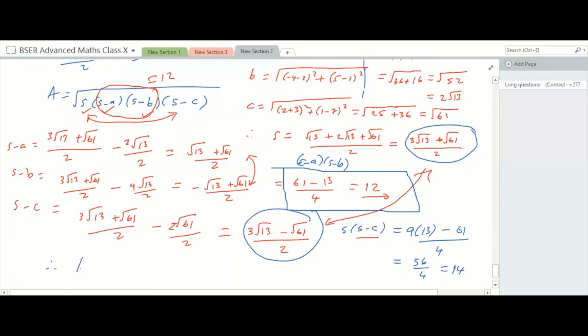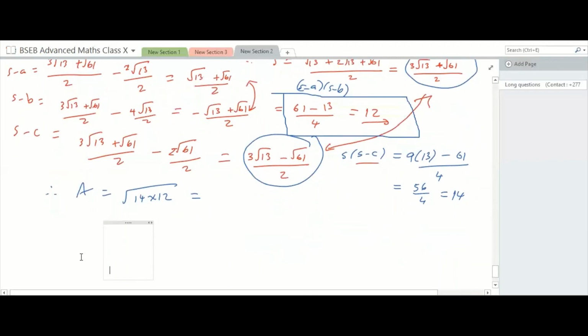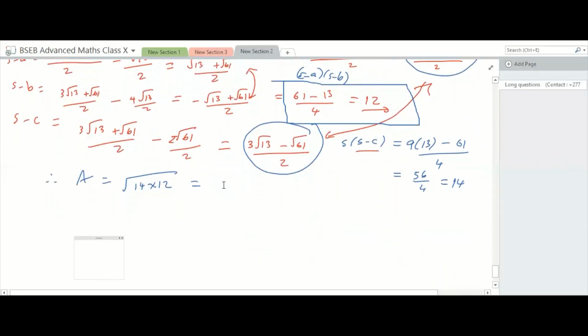Therefore, area of the triangle is square root of 14 times 12, which is equal to square root of 2 times 7 times 4 times 3.